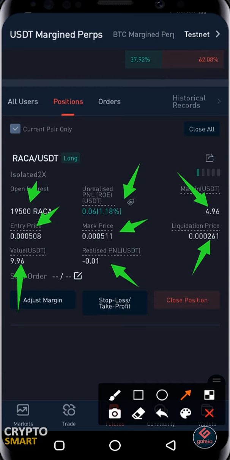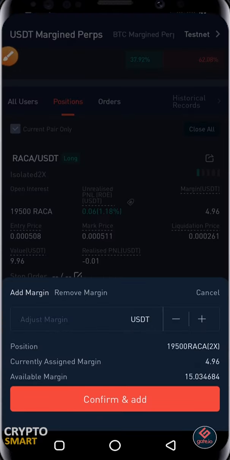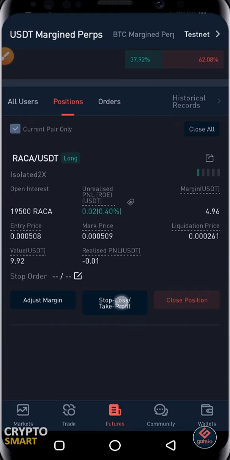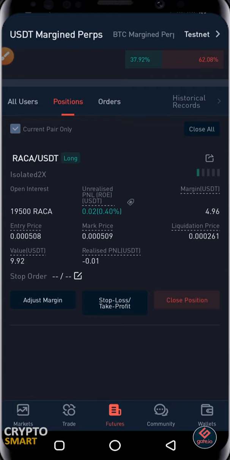And at any point in time, you can come and adjust your margin. Is that okay? So you can add more funds to it, supposing you notice that the trade is performing well, and you can come and adjust your stop loss or what have you. Is that okay? This is seriously very interesting, and you can decide to close the position at any time and take profits. Does that make sense?